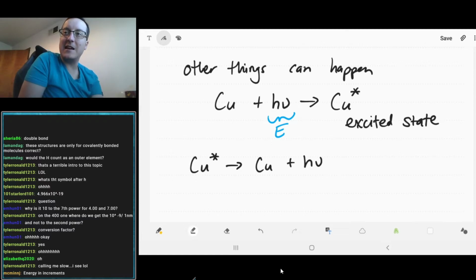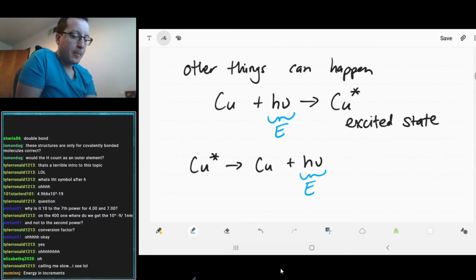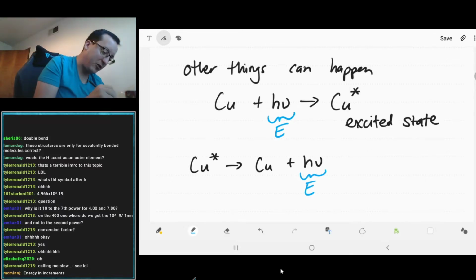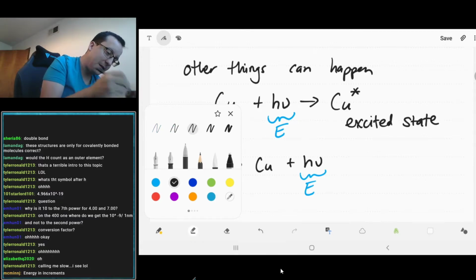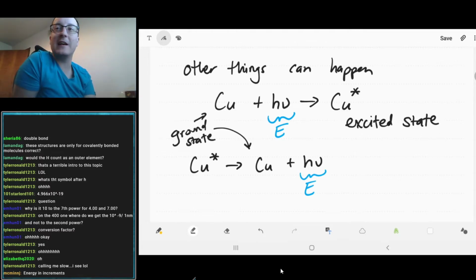Sometimes what's going to happen instead is the copper just absorbs the light, holds on to it for a little bit as an excited copper, and then spits the energy back out again. And so it's gone back to what's called the ground state. Ground state is our low energy level. Excited state is the high energy level.